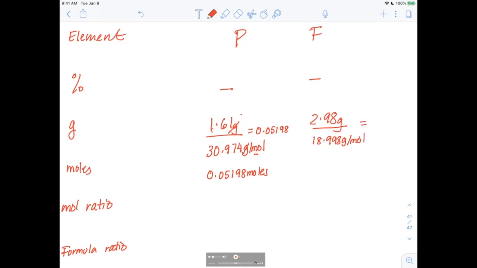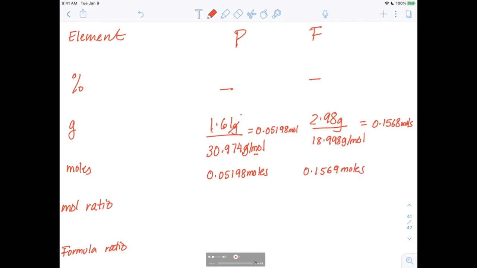I end up with 2.98 divided by 18.998, which is 0.1568. Okay, moles. So I end up here with 0.1569, I'll round it up, moles.